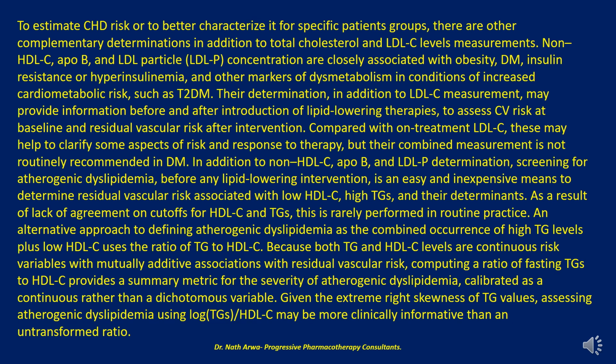An alternative approach to defining atherogenic dyslipidemia as the combined occurrence of high triglyceride levels plus low HDL-C uses the ratio of triglyceride to HDL-C. Because both TG and HDL-C levels are continuous risk variables with mutually additive associations with residual vascular risk, computing a ratio of fasting triglycerides to HDL-C provides a summary metric for the severity of atherogenic dyslipidemia, calibrated as a continuous rather than a dichotomous variable.